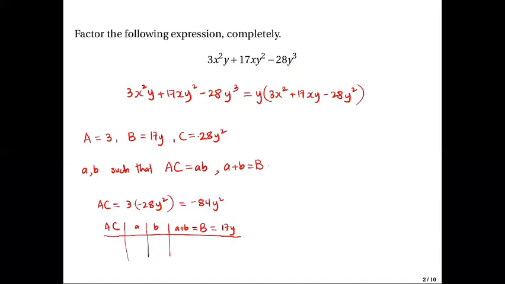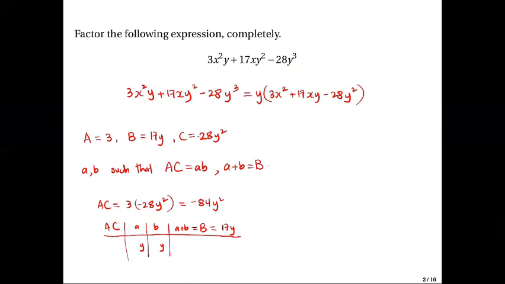So you expect that small a and small b will have factor y. Your job now is to find factors of negative 84 so that when you add a plus b, you will get 17y. Okay?